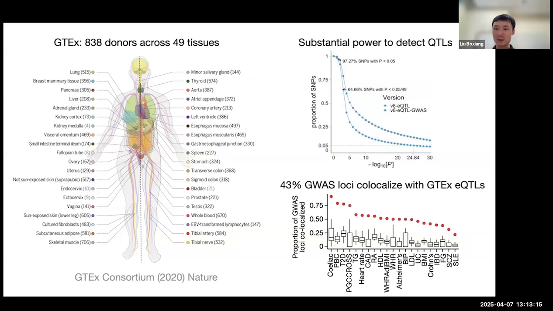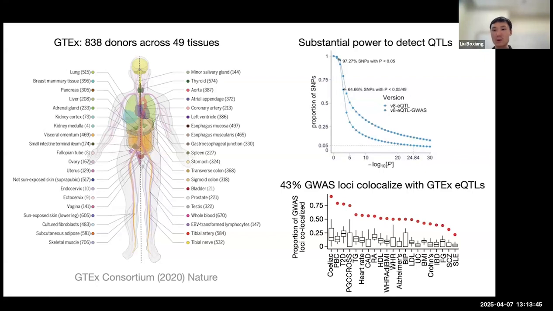In fact, across the 20 traits that we analyzed here, less than half of GWAS loci actually co-localize with GTEx eQTLs. Some traits performed well. For example, for celiac disease, close to 80% of GWAS loci co-localized with GTEx QTLs. But for some other traits, for example lupus, less than 20% of loci co-localized with GTEx QTLs.